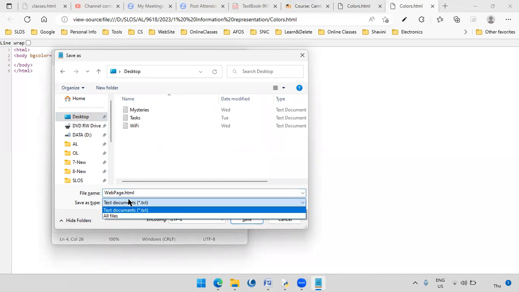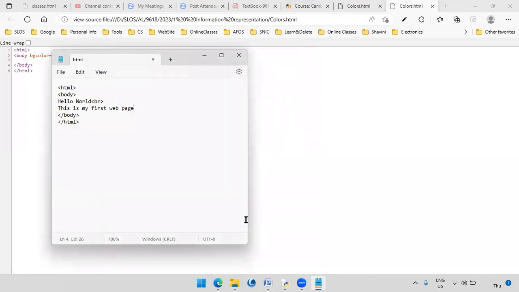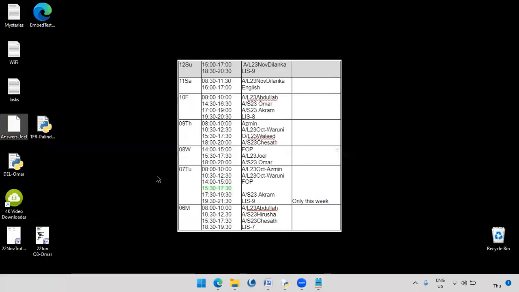This is very important, otherwise it will not be saved as a web page. So you save it with the name, and here is the web page. This is my first web page.